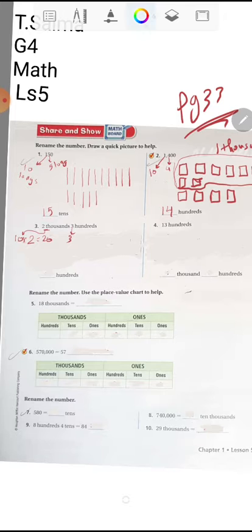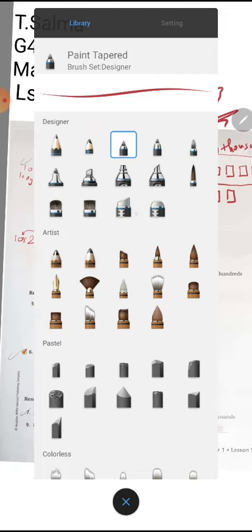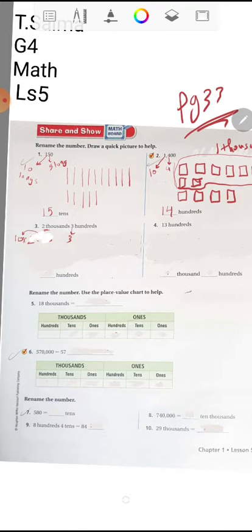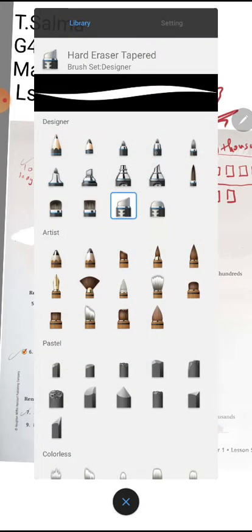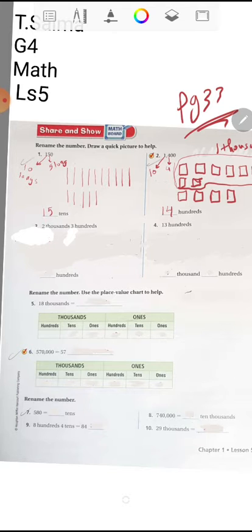So let's draw it. I will erase this first, and I will erase these numbers, and let's start drawing. 1, 2, 3, 4, 5, 6, 7, 8, 9, 10.